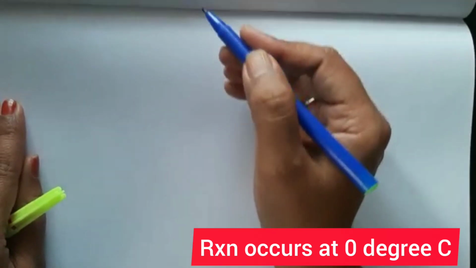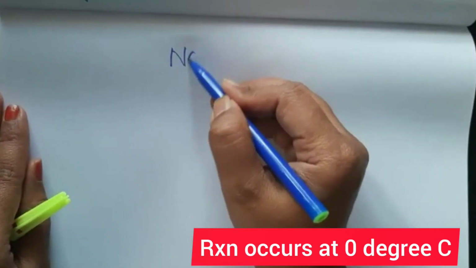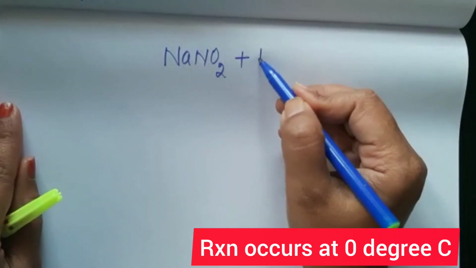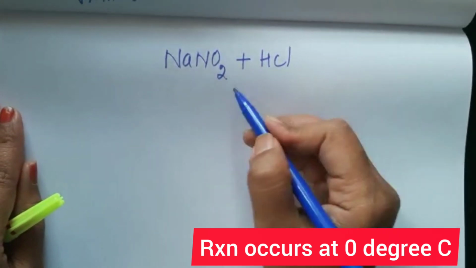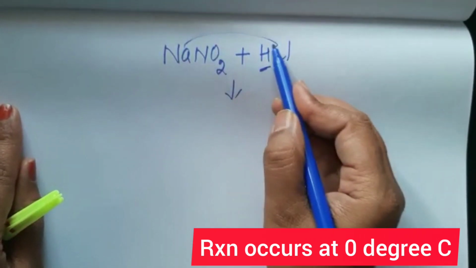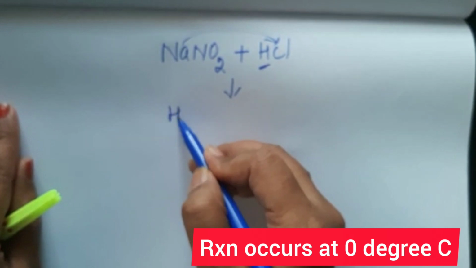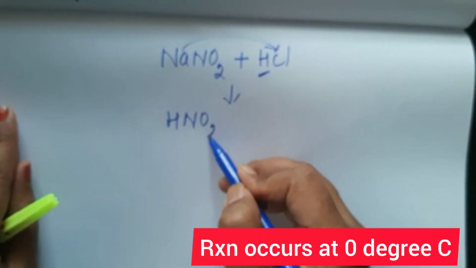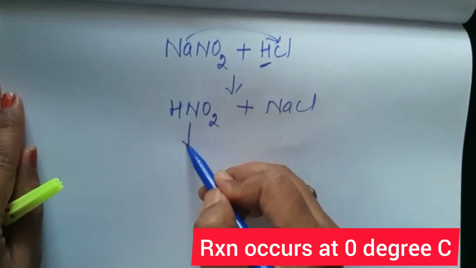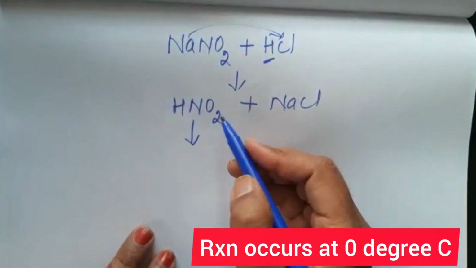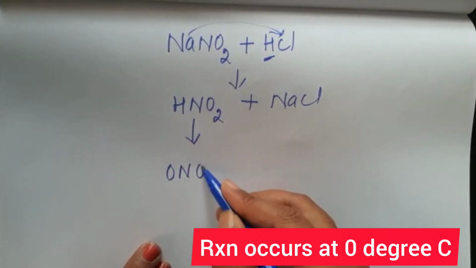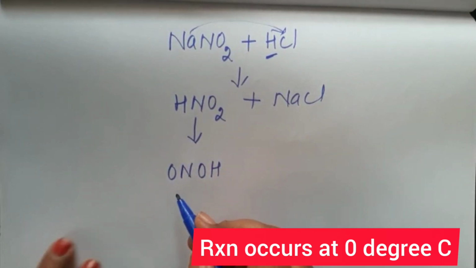We shall see it in a little detail. NaNO2, sodium nitrite, and HCl react to give HNO2 plus NaCl: H will come here, Na will go with Cl. Now can I write HNO2 for my convenience as ONOH? Yes.